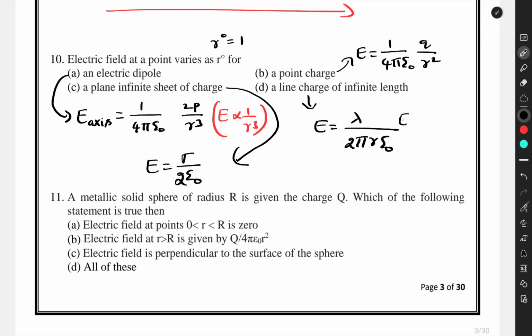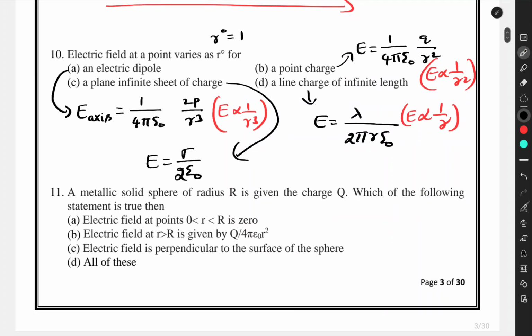So here the electric field is inversely proportional to r, and here inversely proportional to r square. So the one which is independent of r is the plane sheet. So option C is correct, because in this case the electric field is not dependent on r.